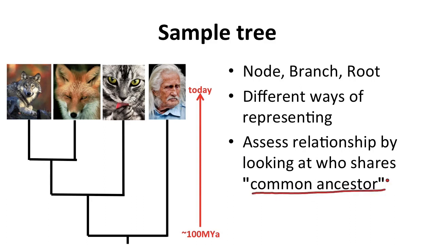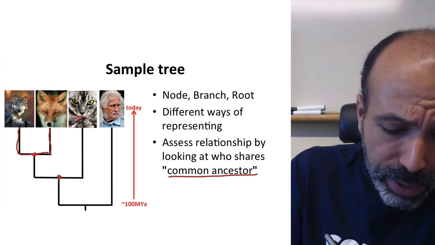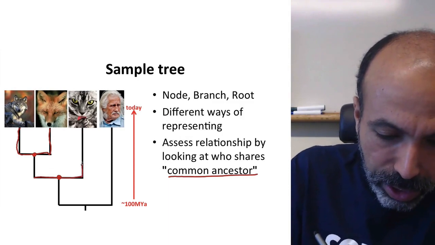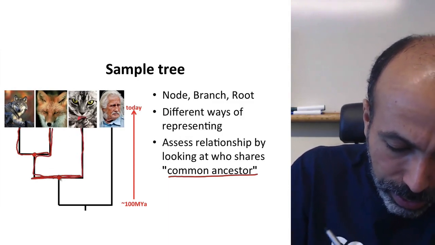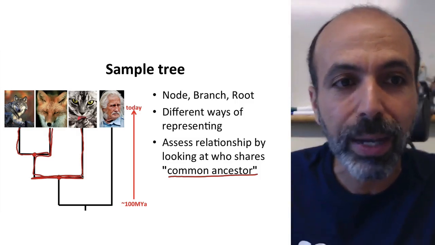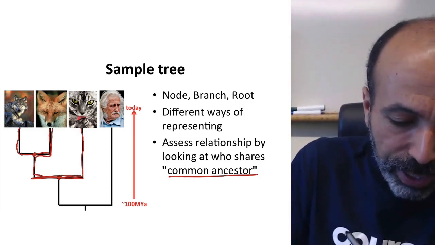So even if you didn't know that foxes and wolves were canines, you could tell they're more closely related to each other than to any other individual on this tree, because when you look at it, they share a fairly recent common ancestor. In contrast, cats with foxes share a more distant common ancestor over here. So the most recent common ancestor of cat with fox would be right here, which is further back in evolutionary time than the most recent common ancestor of fox with wolf.